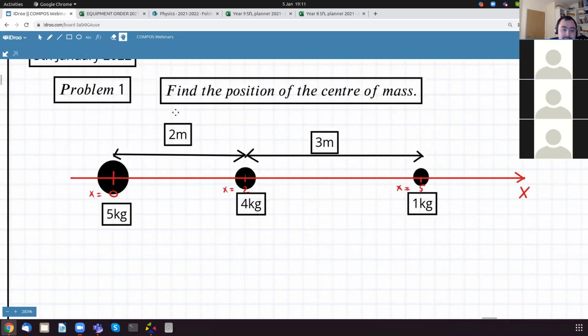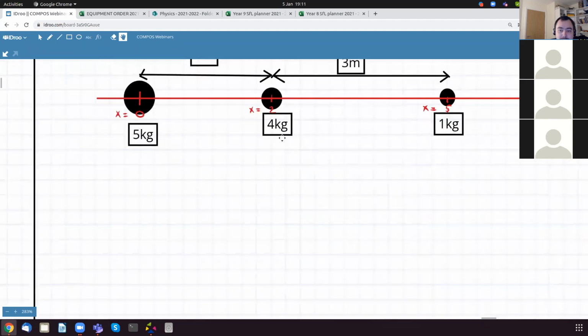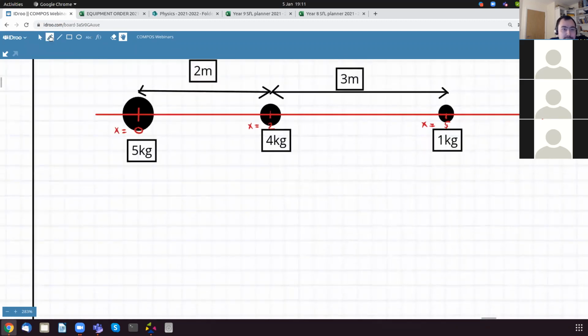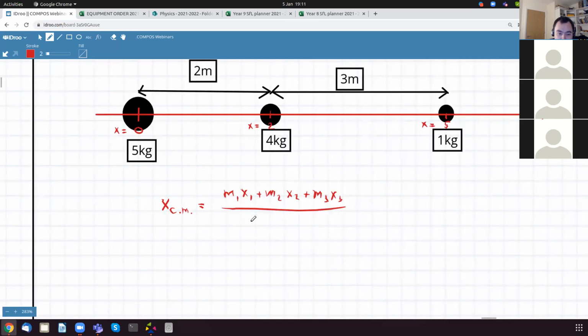And then I just simply use the formula. So the formula for x center of mass is equal to m1 x1 plus m2 x2 plus m3 x3 divided by m1 plus m2 plus m3.